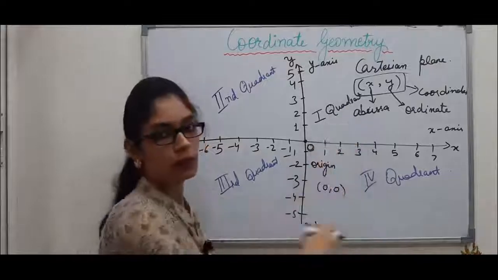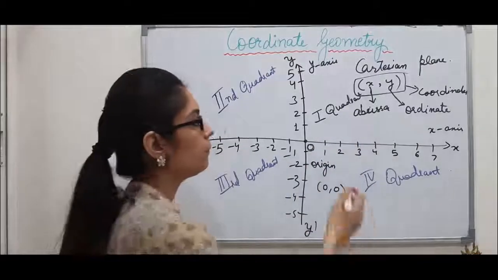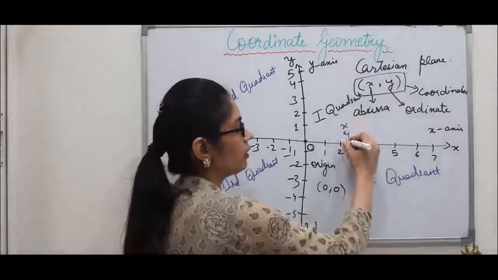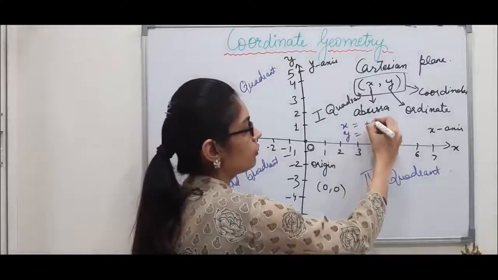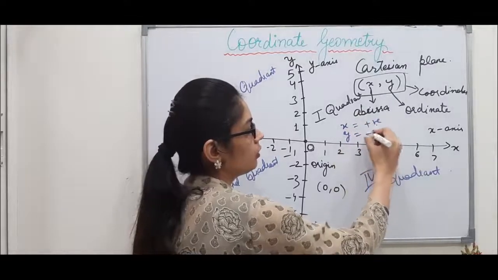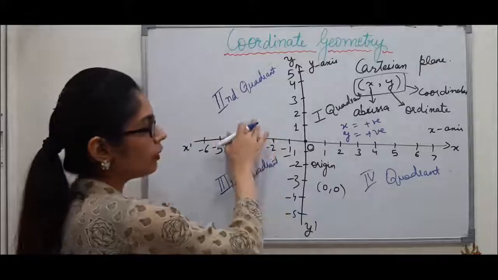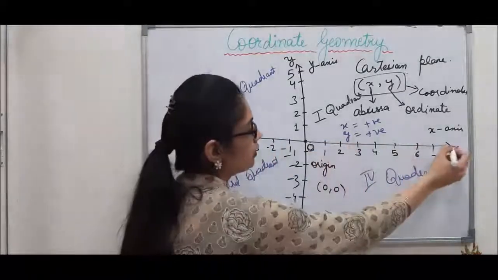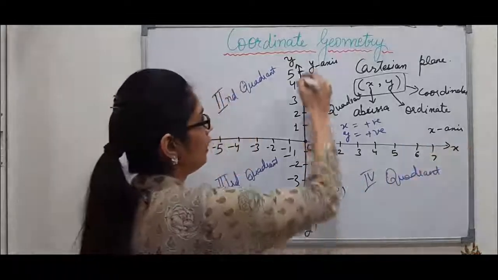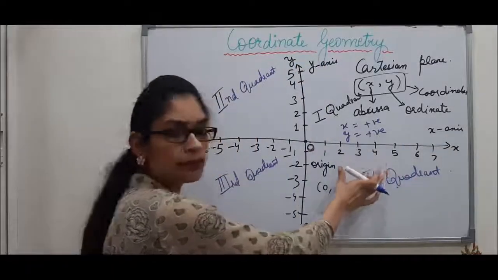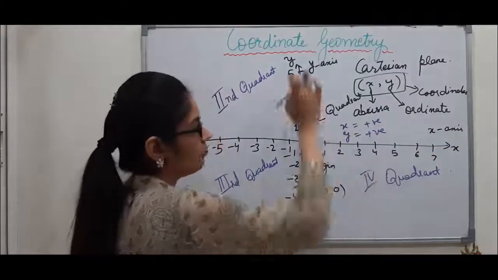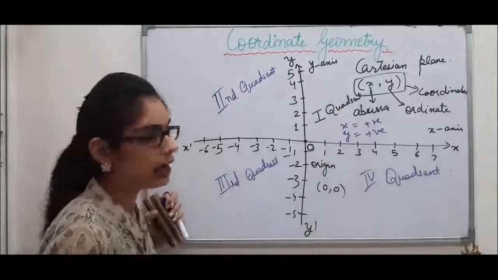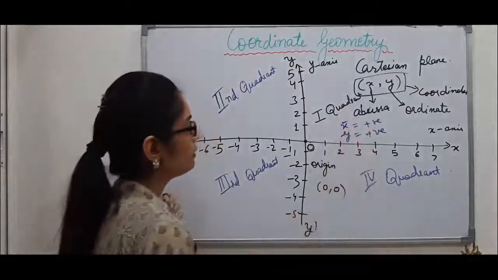In the first quadrant, both x and y are positive. You can see from here I have written only positive values, so the first quadrant will have positive values of x and y.